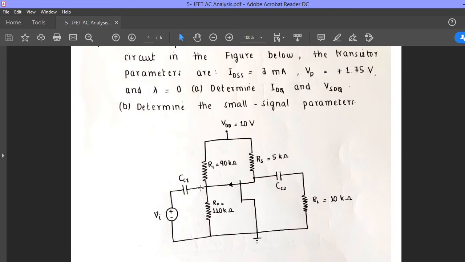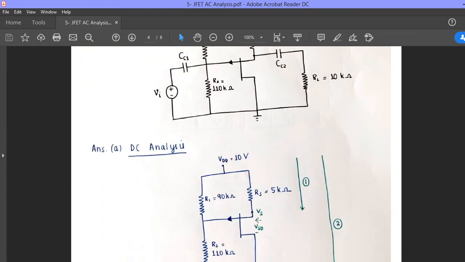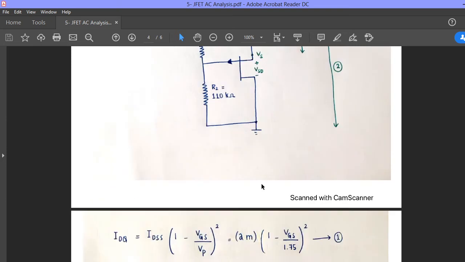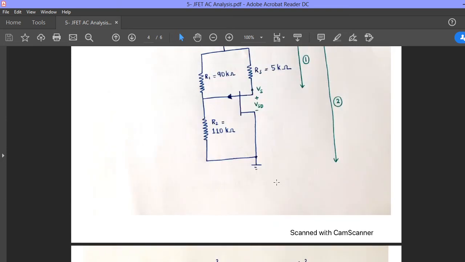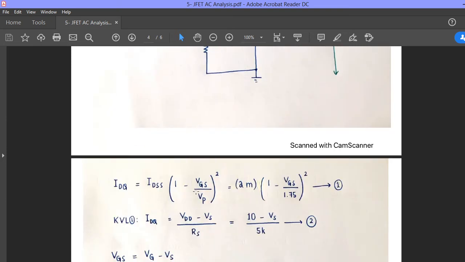This CC1, CC2 can be ignored. It will become open circuit, and only this much is important, and we will find out the value of IDQ. IDQ is equal to IDSS times 1 minus VGS by VP, whole square. VGS is not given, so we have to equate two values.